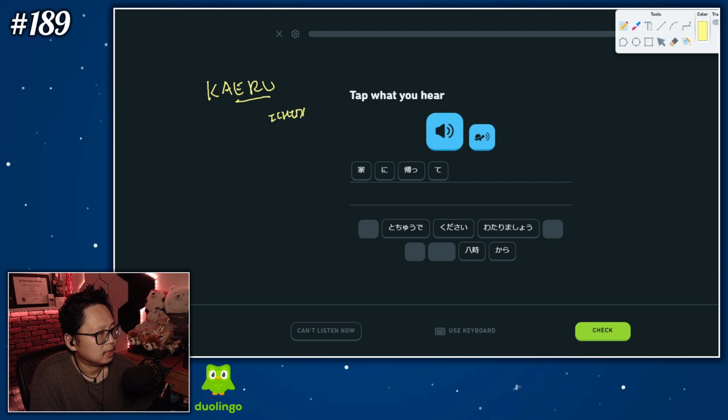However, it's this pair. So this is an a. So kairu. And because it's aru, the sound a before ru, it's a godan. Interesting. So that's why it's conjugated as a godan in te form.